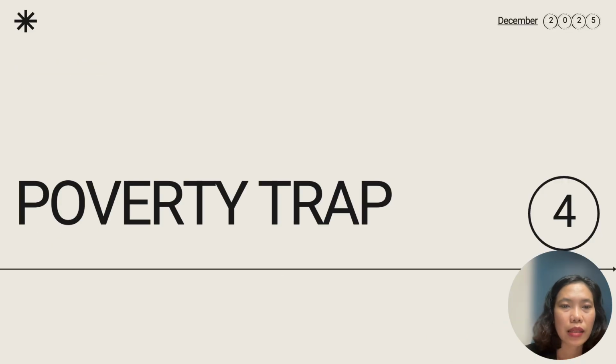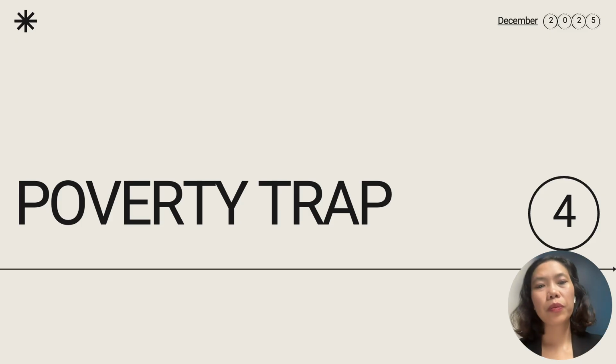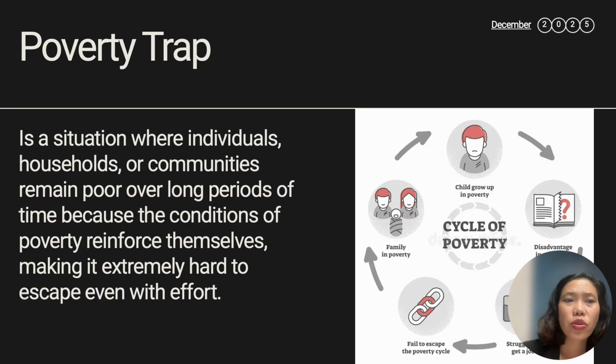So that's it. We are now on the last topic for this chapter 2, the poverty trap. A poverty trap is a situation where individuals, households or communities remain poor over long periods of time because the conditions of poverty reinforce themselves, making it extremely hard to escape even with effort.